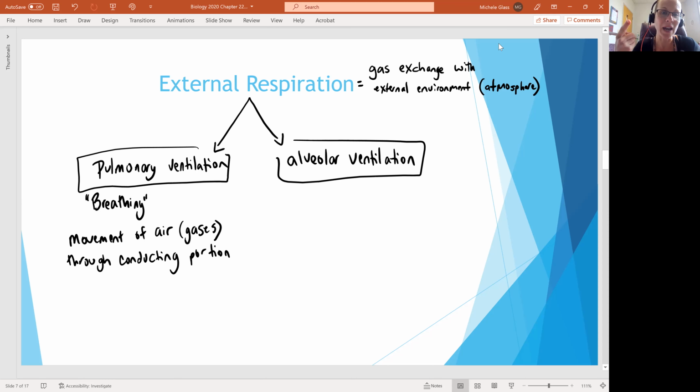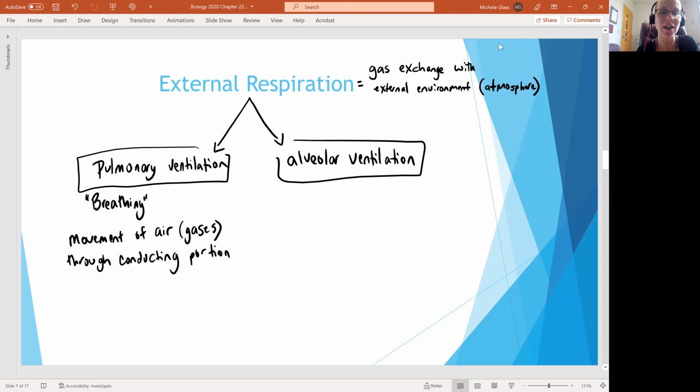So if we start from out to in, that'd be the nose, pharynx, the larynx, trachea, the left and right primary bronchi, lobar, and then segmental bronchi, and the bronchioles.